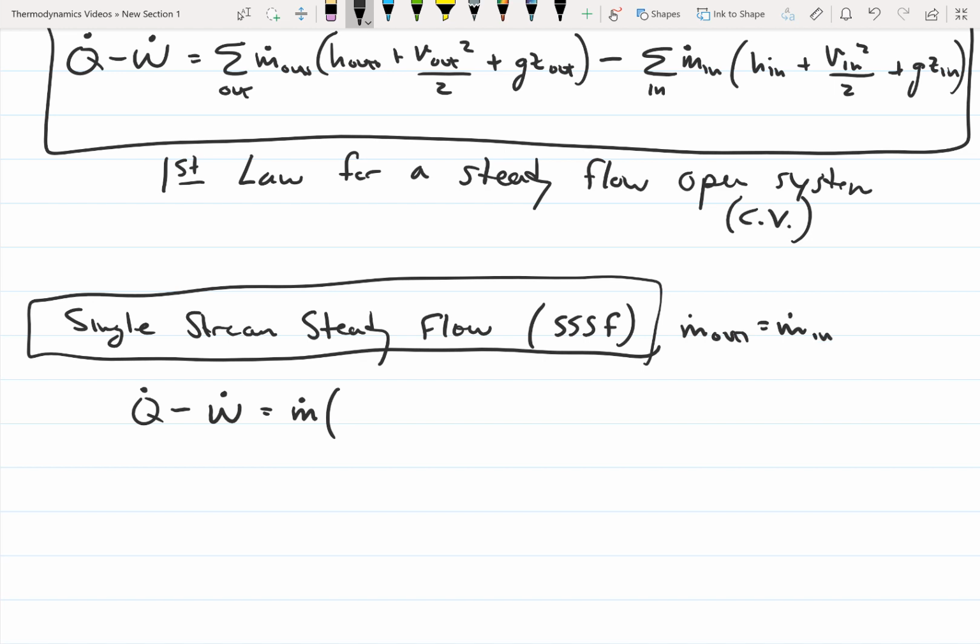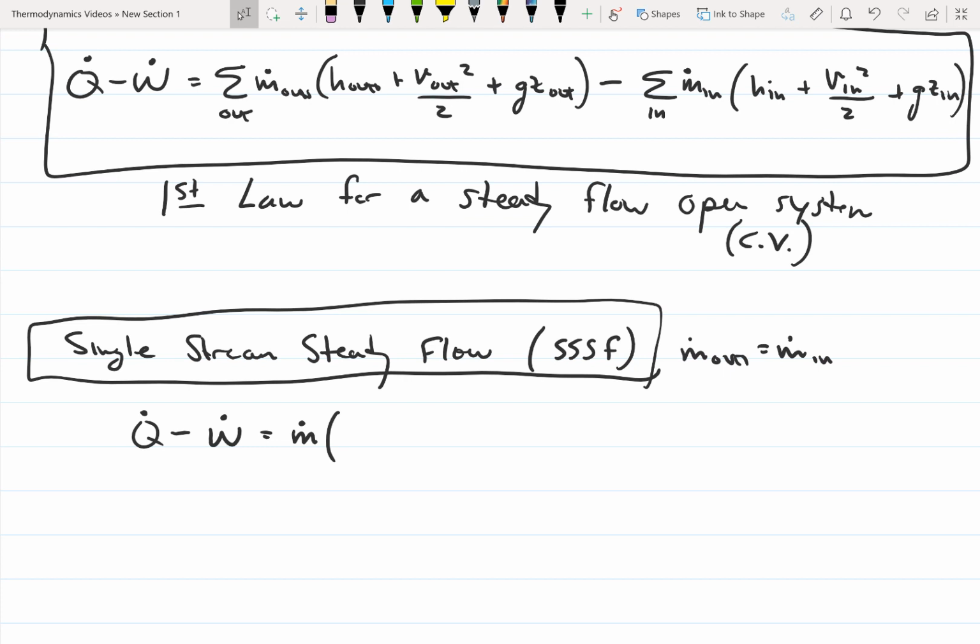So then we can combine some of our terms because m dot is just m dot. So now we have the enthalpy out minus the enthalpy in, plus the kinetic energy out minus the kinetic energy in, plus the potential energy out minus the potential energy in.